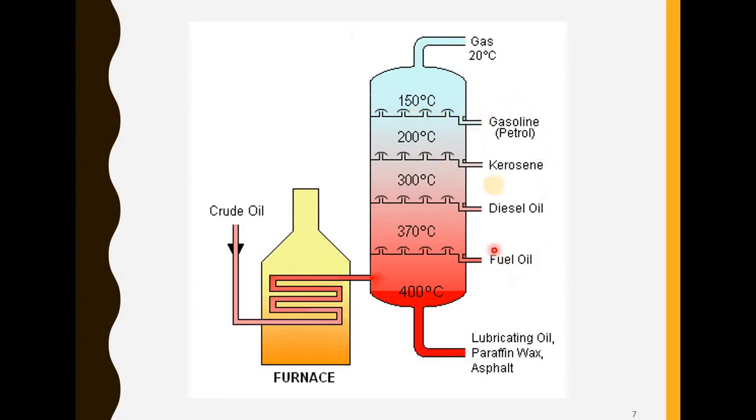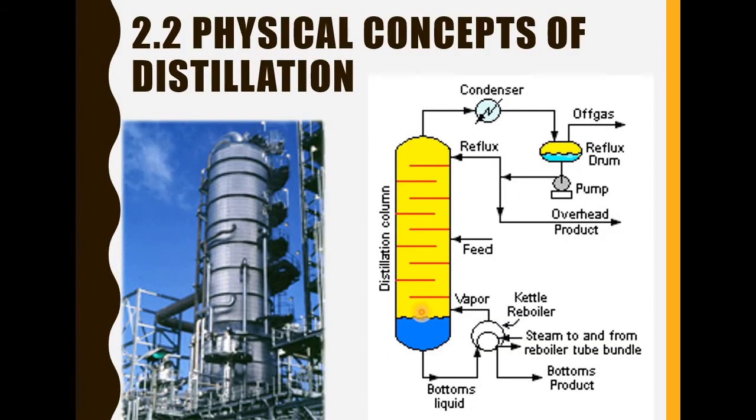All those components have different boiling points, so that when we apply heat, they will be separated. As I mentioned before, here we have gas, with the lowest boiling point, which is 20, and it will be at the top. Those with the highest boiling point will settle at the bottom.